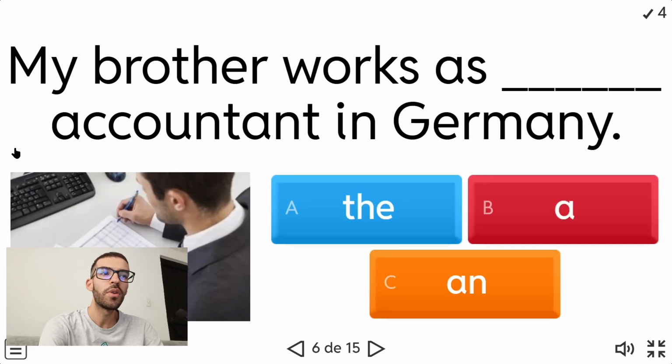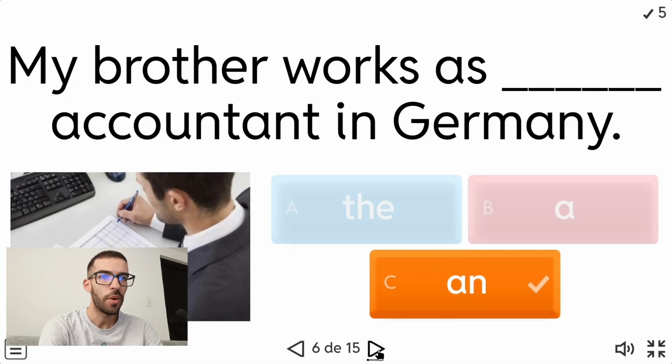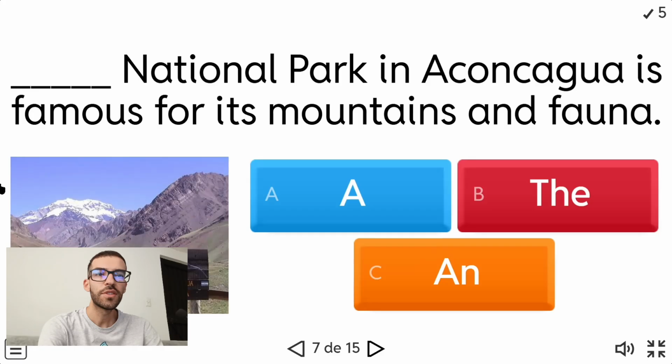Another one is my brother works as gap. As I was telling you, always for professions and occupations in English, we need to use a or an, okay? As an accountant, because notice that here we have a vowel, correct? Next one, gap National Park in Aconcagua is famous for its mountains and fauna.